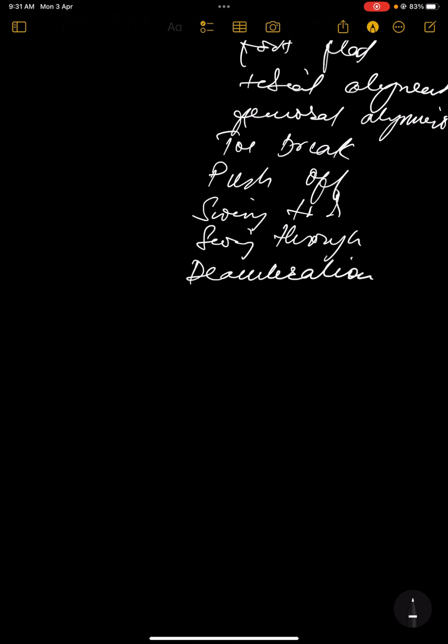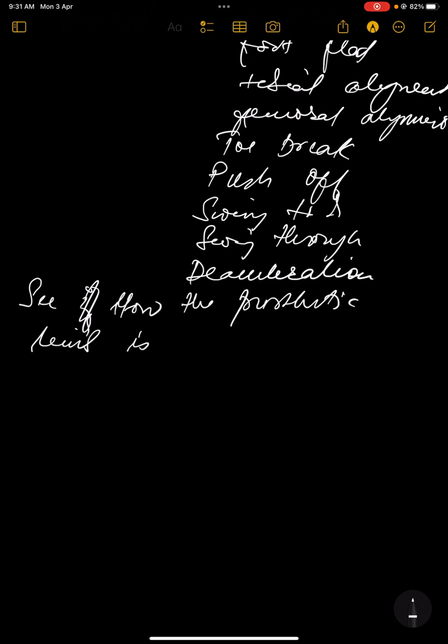See how the prosthetic limb is different from the normal limb. If it is different, you adjust the prosthesis till there is no difference.